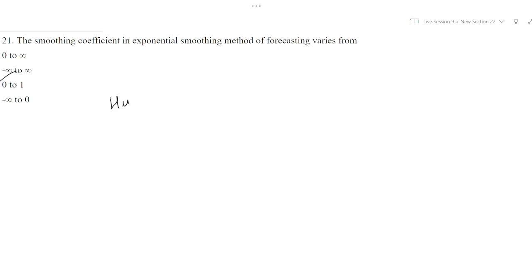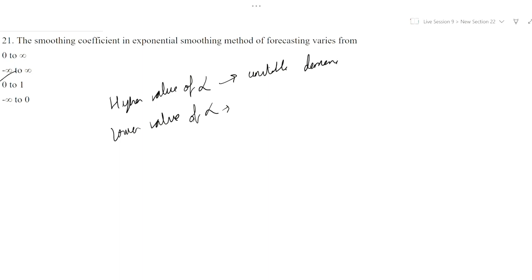Higher value of alpha, lower value of alpha. This is for unstable demand. Stable demand.